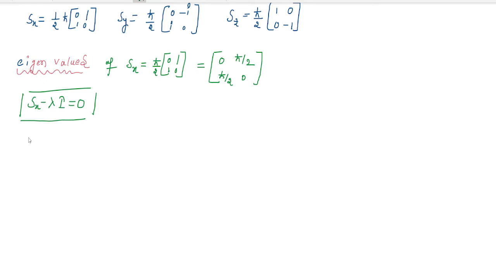So 0, h cross divided by 2, h cross divided by 2, 0, minus lambda into the unit matrix 1 0, 0 1, equal to 0.